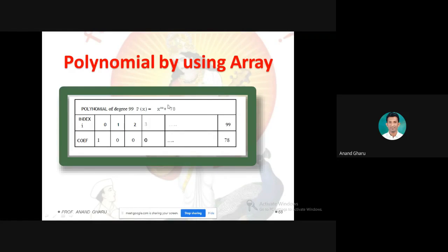Okay, all values are missing, so we can put 0 to all values, but at the 99 index we can put value 78. Okay, in this subject you have to write theory with the help of example or syntax, so that's why I am explaining you more examples.